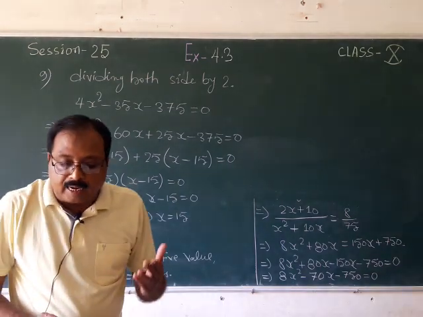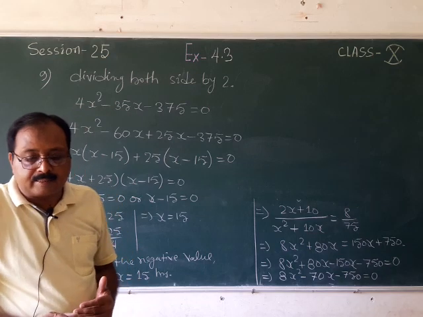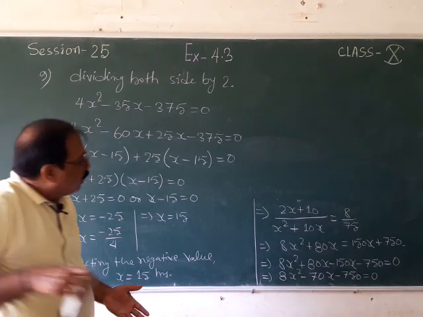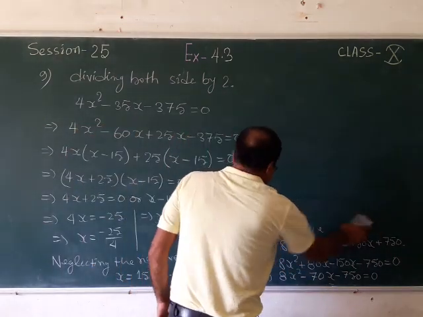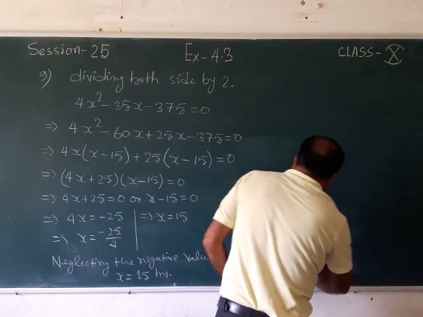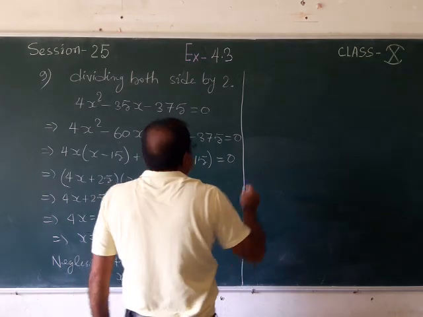That means the larger tap can fill this tank in 15 hours and the smaller tap can fill this tank in 15 plus 10, that is equal to 25 hours. Then you can write your answer. At last you will be writing your answer like that.